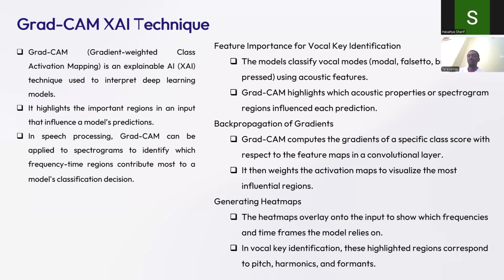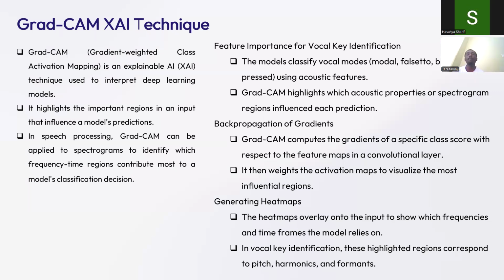We applied the backpropagation of gradients, where it computes the gradients of a specific class score with respect to the feature maps in a convolutional layer, and then weights the activation maps to visualize the most influential regions. It was also used to generate heat maps overlaid onto the input, showing which frequencies and time frames the model relies on.